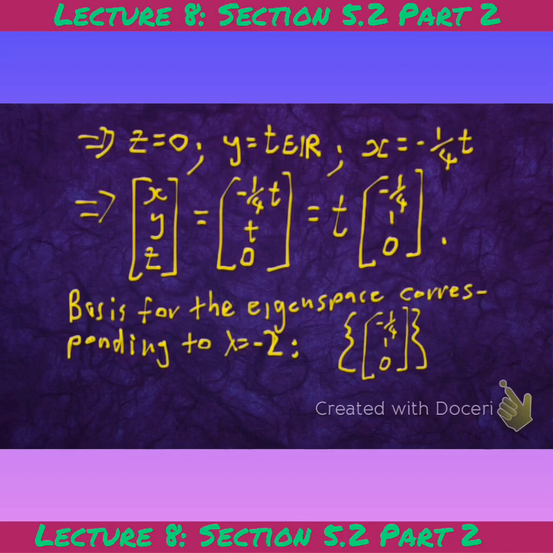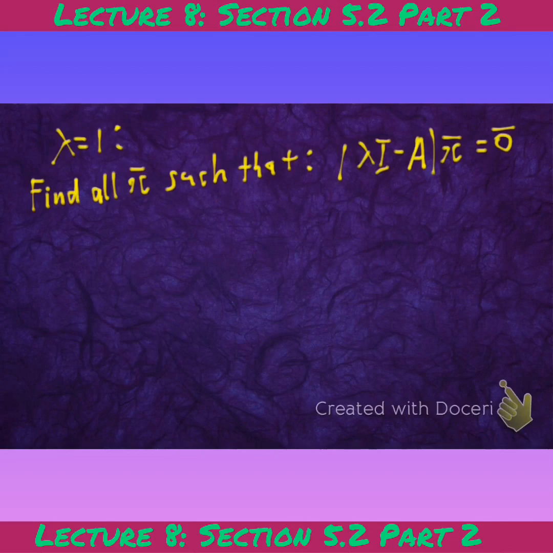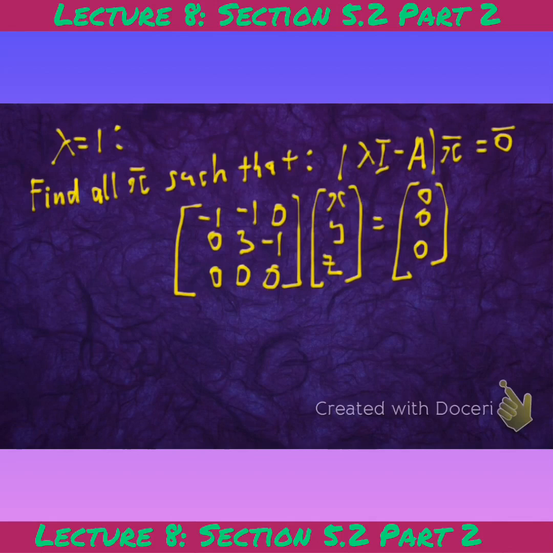Lastly, we need to find the basis for the eigenspace corresponding to the last eigenvalue. For lambda equals 1, we need to find all x's such that it satisfies that equation. There we've got that linear system. Again, recall what the matrix A was.